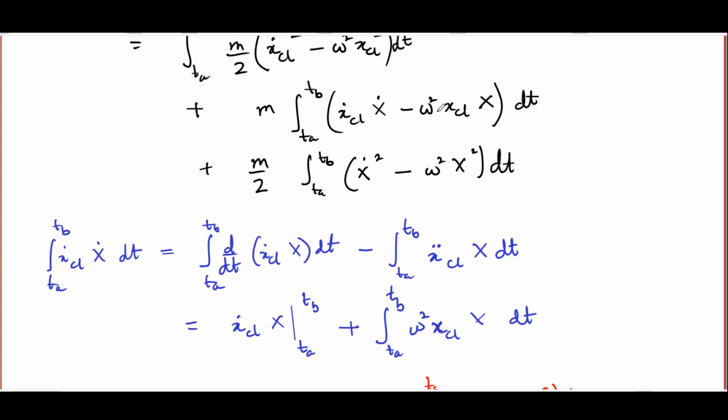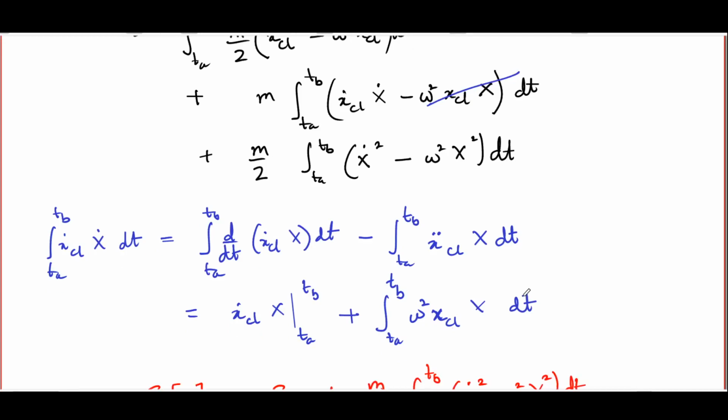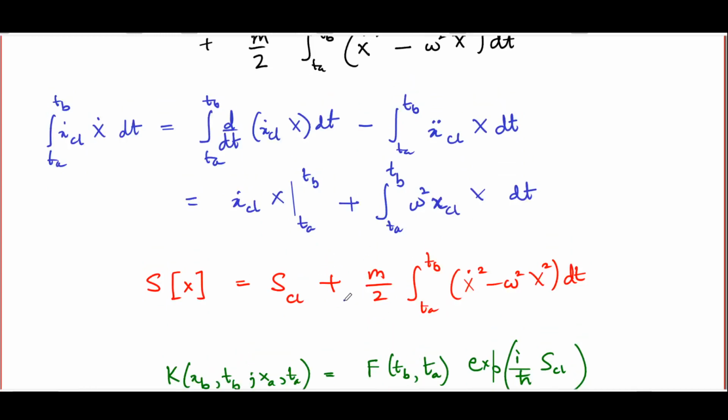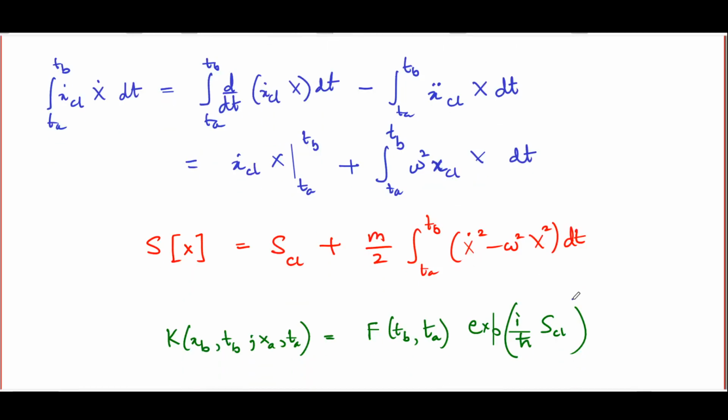But note that if you take the other cross term that you had here, this one and this one, they cancel each other out. So once again, the cross terms vanish and you are left with S of x equals S classical plus m by 2 integral from TA to TB of capital X dot square minus omega square capital X square with respect to time. And once again, by going over from the small x variables to the capital X variables, fluctuations from the classical path, our propagator will end up taking this form: e to the power i by h cross S classical.